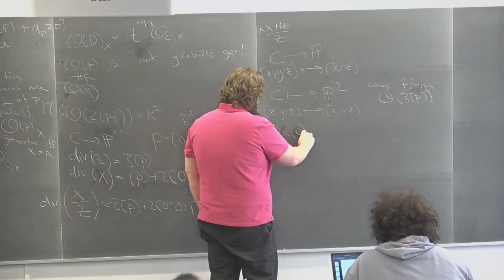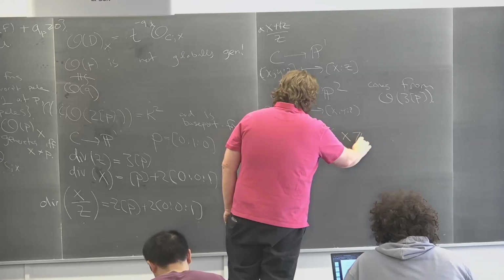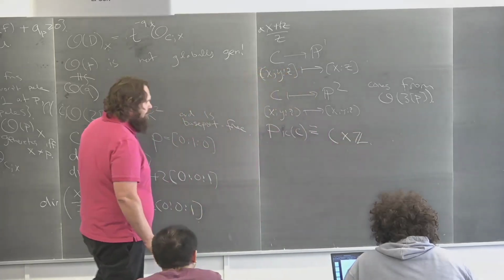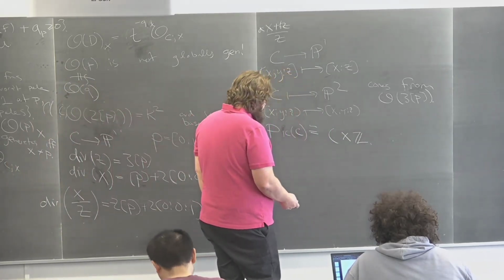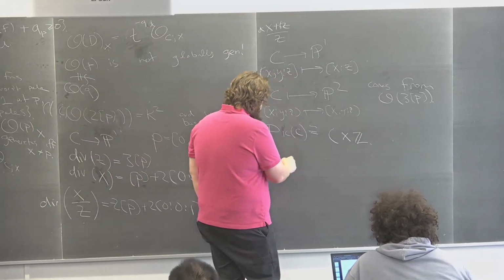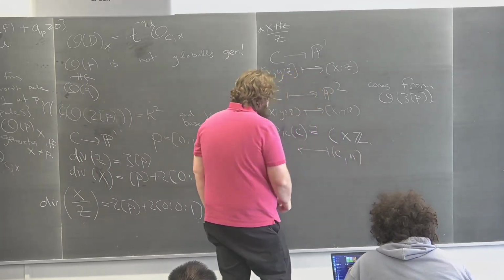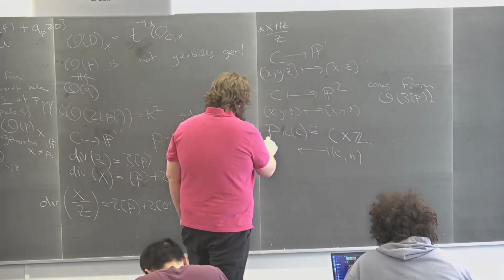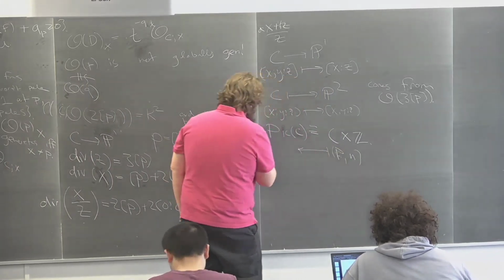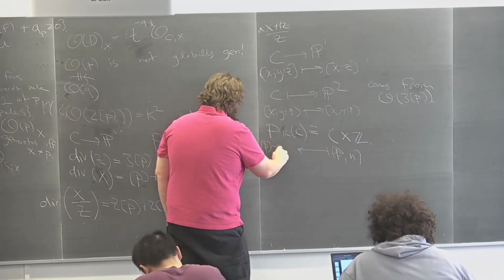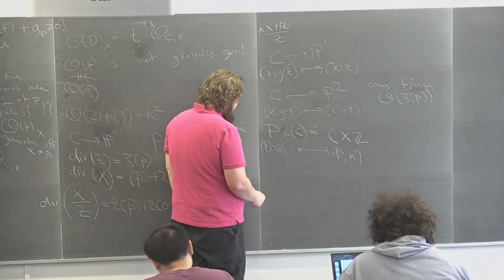If I look at Pic of C, what I get is isomorphic to C itself times Z. And the bijection is that if I take C, n, this maps to P. So I choose some distinguished base point, which we usually call 0.